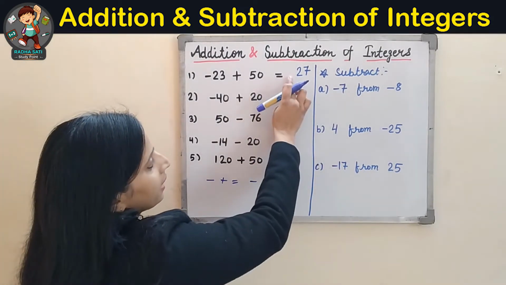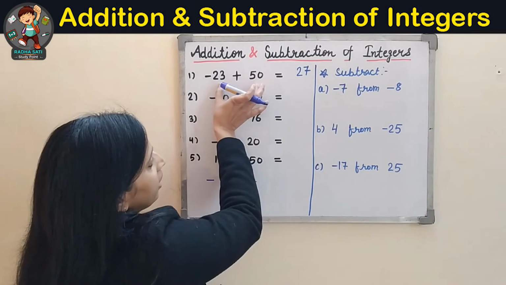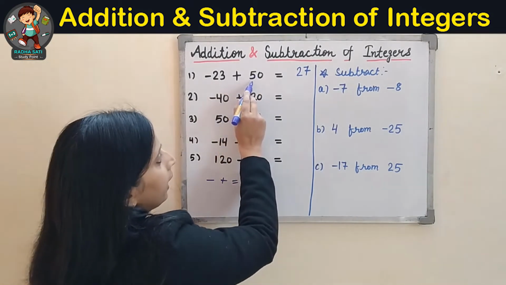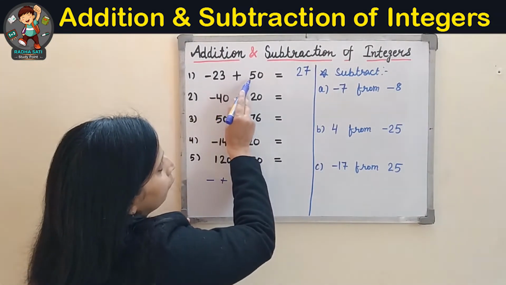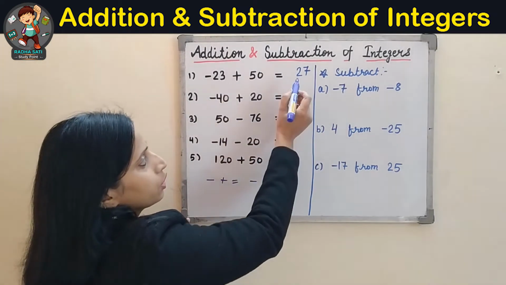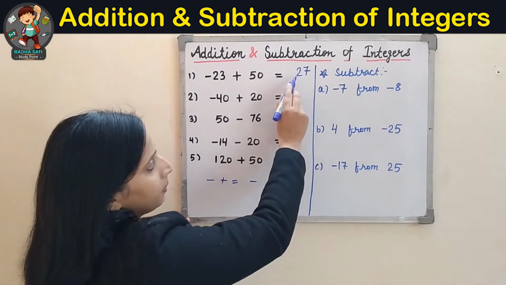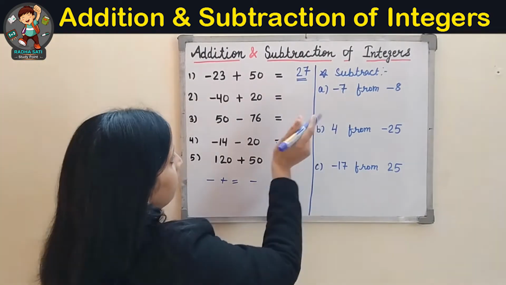Now we will check which sign will come here. For this we will check which number is greater. From 23 and 50, 50 is greater and it's a plus sign before 50. So here no need to put the plus sign. We will not put a plus sign in front of 27. Our answer will be 27.